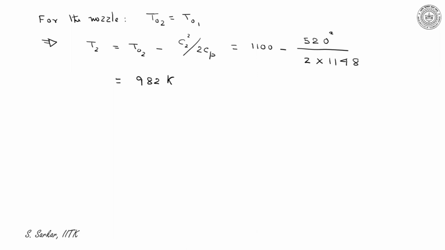After evaluating T2, I can calculate T2s from the earlier equation as T2 minus 5.89.